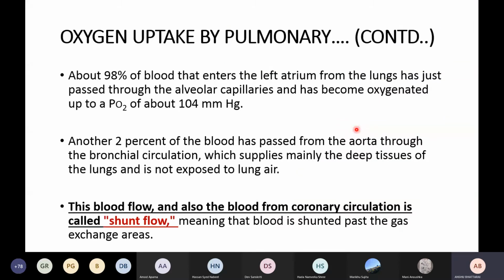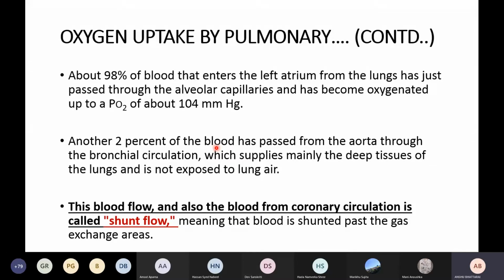Now about 98% of blood that enters the left atrium from the lungs has just passed through the alveolar capillaries and has become oxygenated up to a partial pressure of about 104 millimeter of mercury. Now another 2% of blood passes from the aorta through the bronchial circulation. So what is this bronchial circulation? It is a circulation which mainly supplies the deep tissues of the lungs.